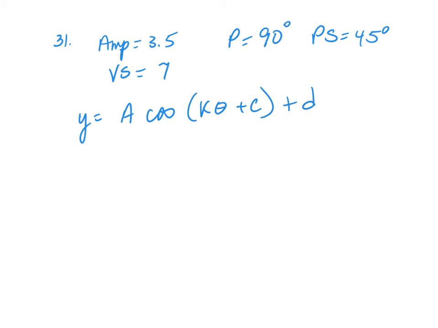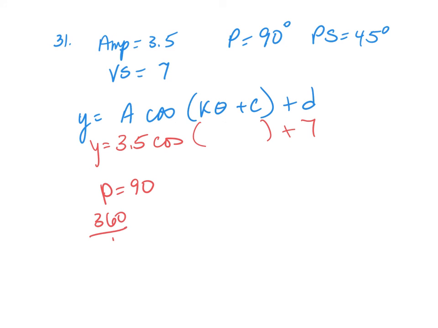So I know my amplitude is 3.5. Let's put him here. And now we don't know the K or the C, but we know the D is 7. So put him there, and let's find the K and the C. If the period equals 90, and period is 360 over K equals 90, then K equals 4, because 360 divided by 4 is 90.